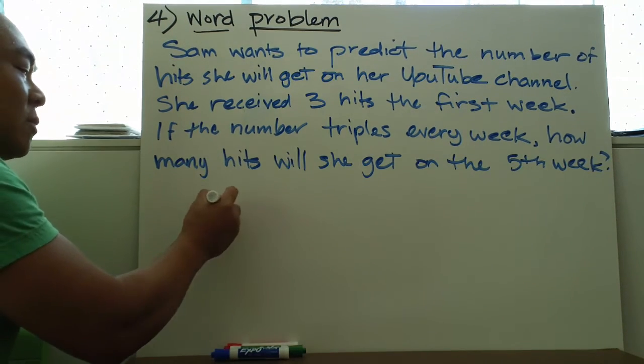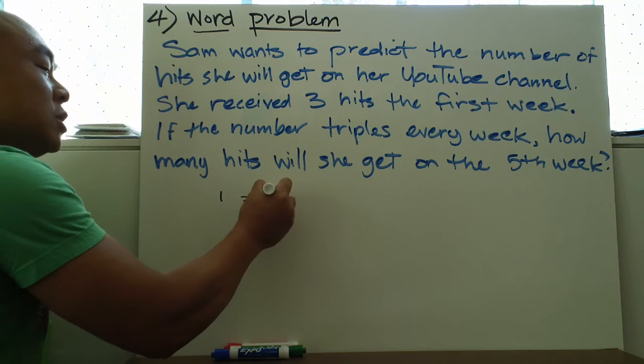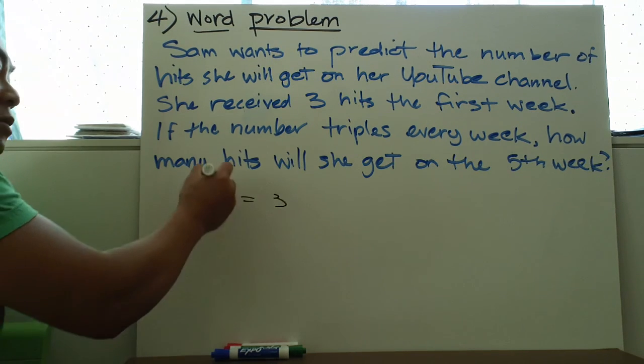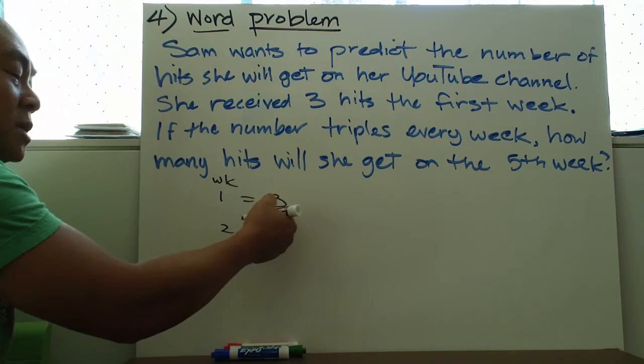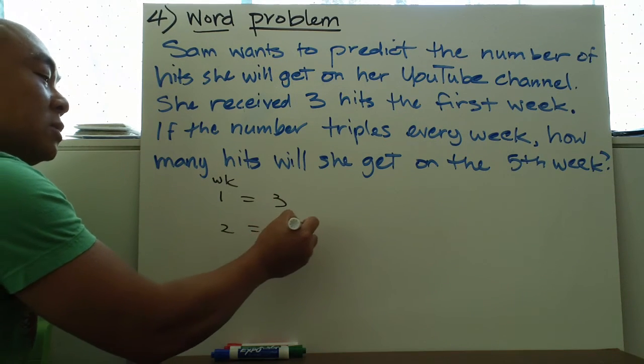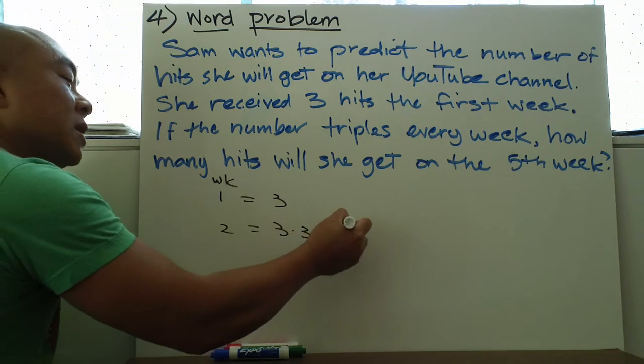So if she does week number 1, she gets 3. So this is our week. Week number 2, remember it triples that. So that would be 3 times 3, which is equal to 9.